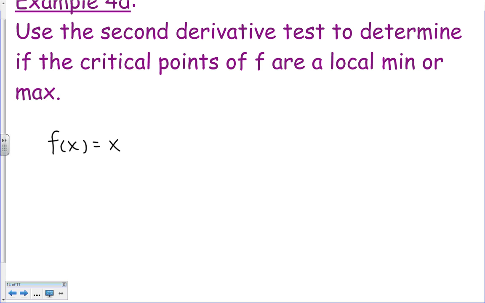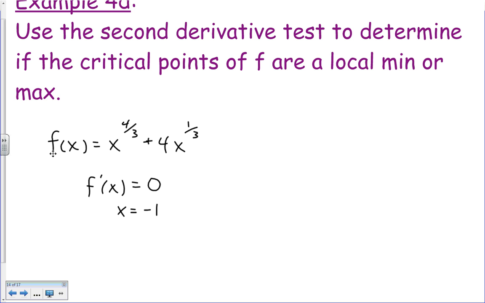It was x to the 4/3 plus 4 times x to the 1/3. And so we already know that f prime is equal to 0 at x equals -1. And actually, it's only equal to 0 at -1, right? It was undefined at 0.